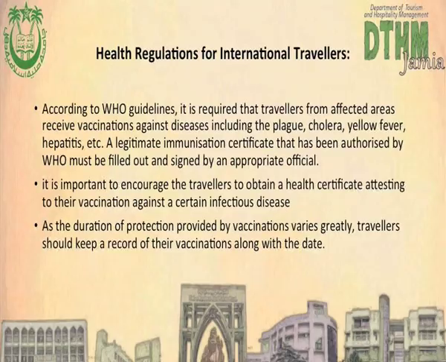Therefore, it is important to encourage travelers to obtain a health certificate attesting to their vaccination against certain infections, diseases like yellow fever or cholera. If they are unable to provide the same, they risk being sent back abroad or being imprisoned and placed in quarantine. The WHO Worldwide Certificate of Vaccination is often available via medical offices, physicians and regulatory bodies for public health.